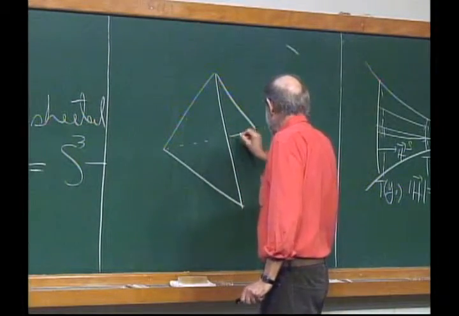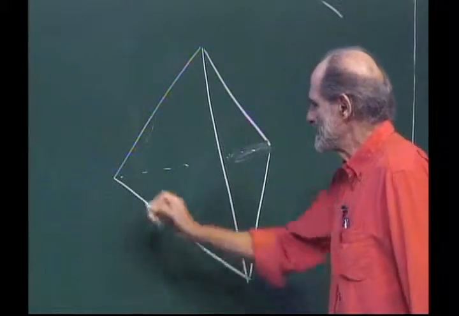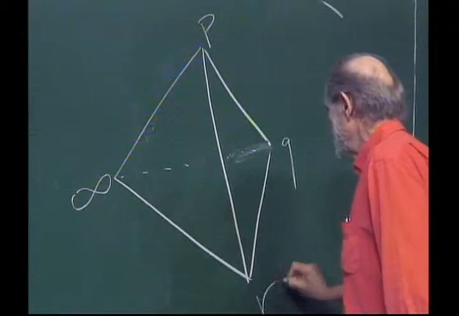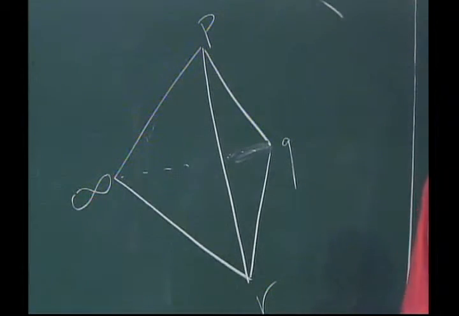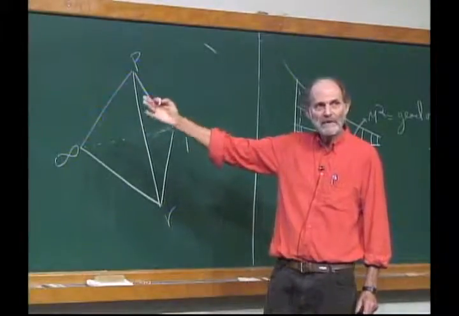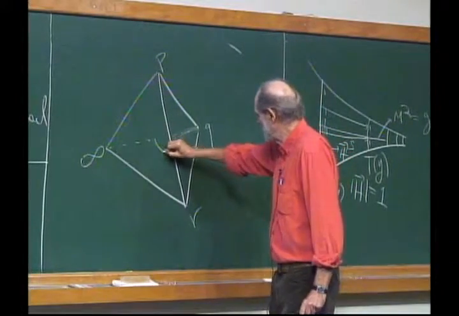So these faces are totally geodesic. This might be at infinity. This might be in the space, P, Q, R. And I claim that there's some properly embedded minimal disk there that you can get using minimax techniques, which intersects the boundary orthogonally.